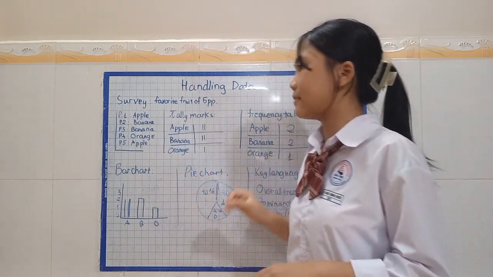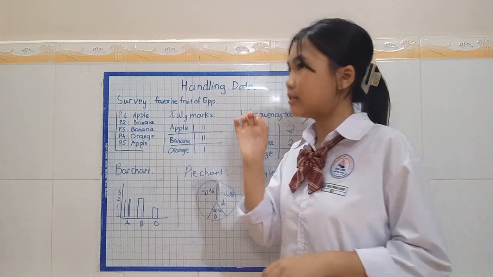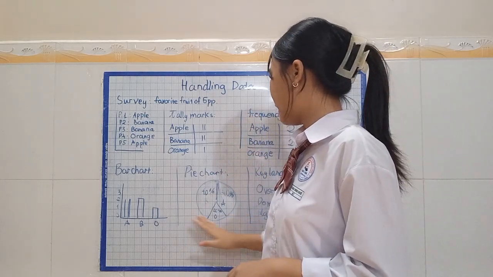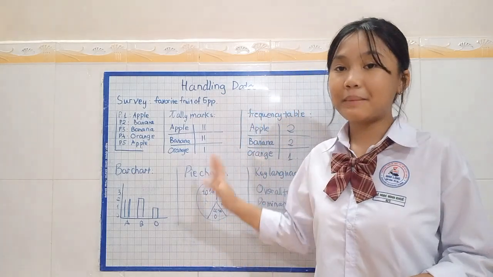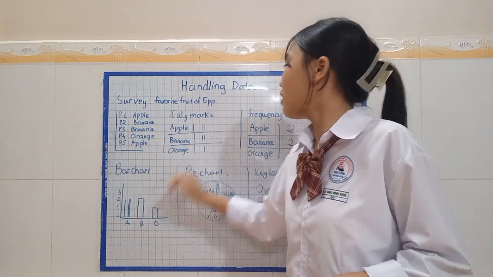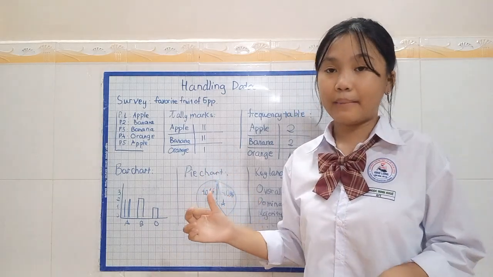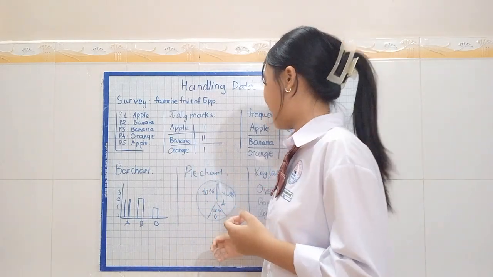And so 1/5 times 100 equals 0.2, which is equal to 20%. So that's basically how we convert bar charts, tally marks, and frequency tables into a pie chart, and we represent them by percentage.